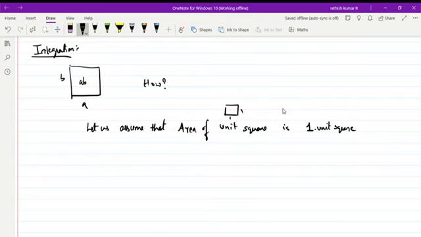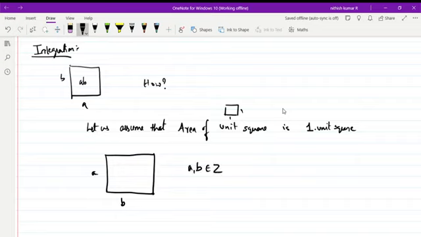Now let's consider a rectangle with the sides A and B, where A, B belong to Z. Since it's an integer, divide this A into A equal segments, each of length 1 unit. Similarly, B into B equal segments, each 1 unit.